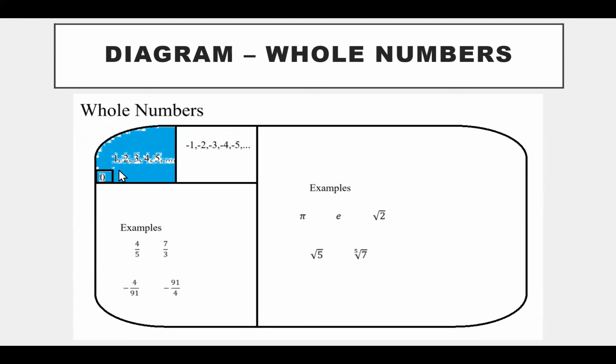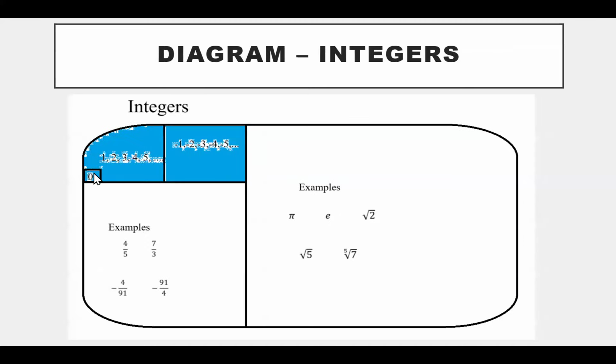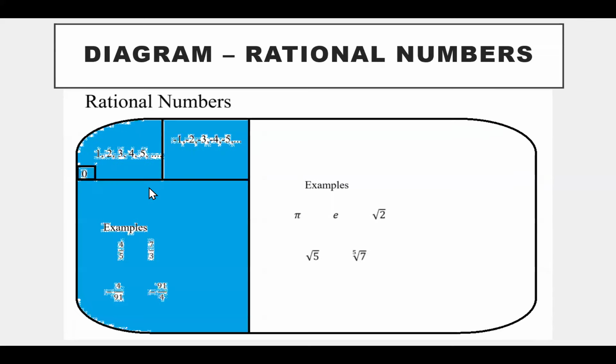If you add 0 and the positive integers and then plus the negative integers, then you get the integers. Now the integers plus numbers like 4/5 or 7/3 or 4/91 or -4/91 or -91/4, all of those consist of rational numbers. So the rational numbers cover all of those.